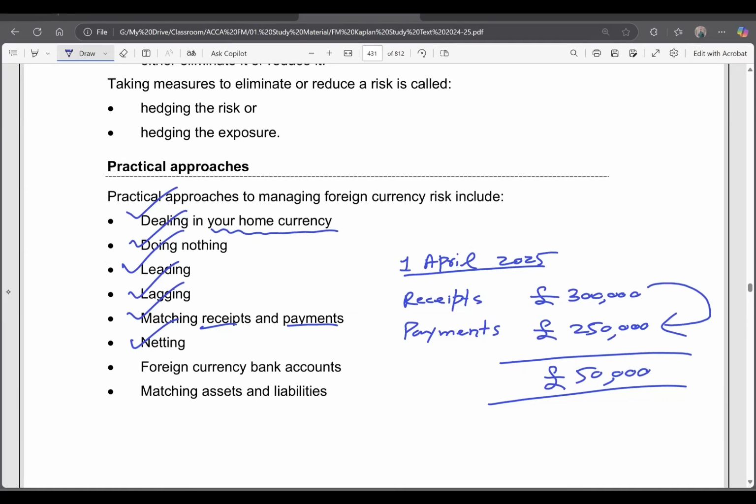Next, we have foreign currency bank account. Yes. So let's say you know that the majority of your trade is in the UK, then why should you not have a bank account in the UK? Why every time do you need to translate into dirham? If you know that you have a very big amount of transactions happening in Britain or in India, you should keep an account there, right?